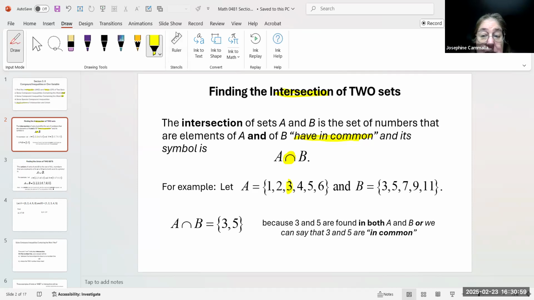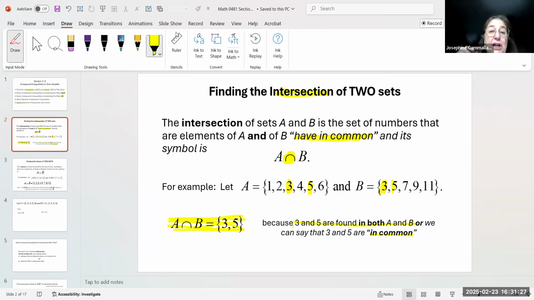But 3 is in both sets. 4 is not in both sets. But 5 is in both sets. So therefore, the set or intersection that both A and B have in common is 3 and 5.